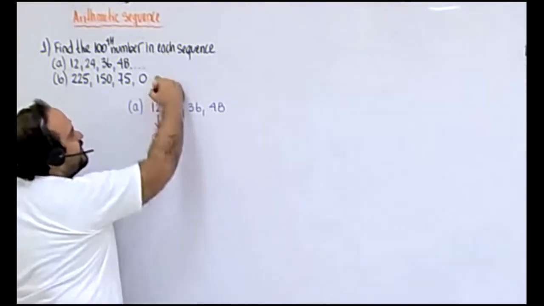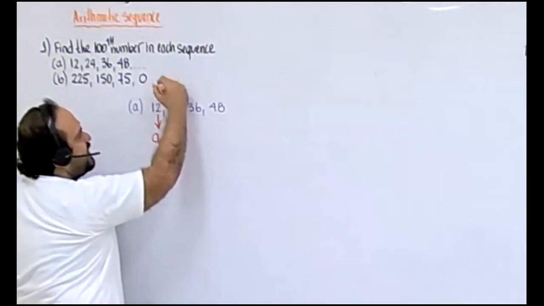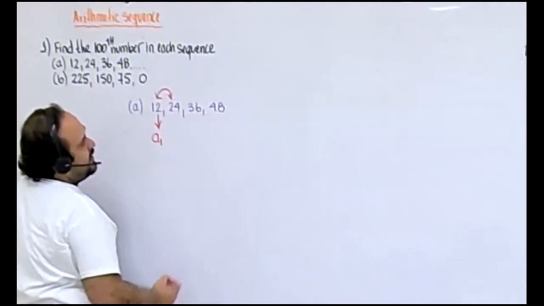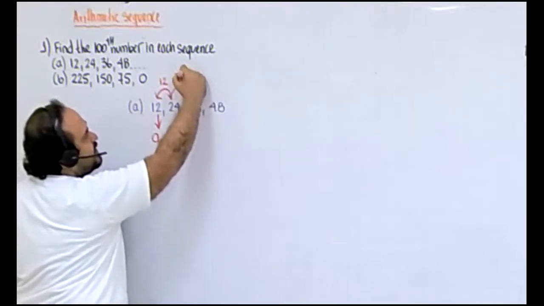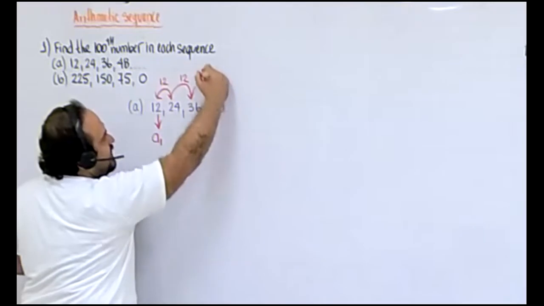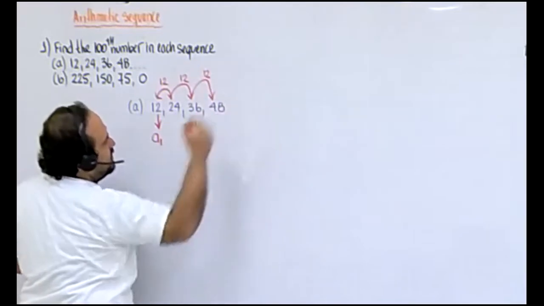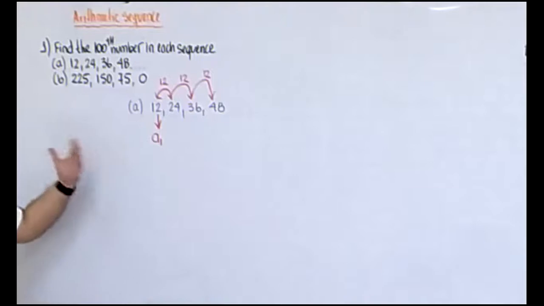And the common difference is the distance between 12 and 24, which is 12; 24 to 36 is 12; 36 to 48 is 12, and so on. So first of all, we create the algebraic expression that satisfies that sequence, and after that, find the 100th term.